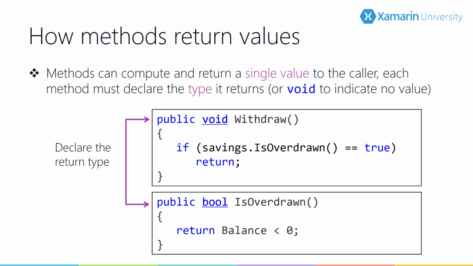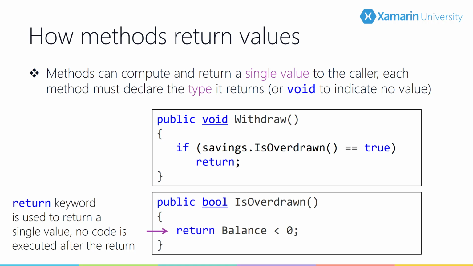So this means that when you call the isOverdrawn method, we have to return a bool back to the caller. The way that we send something back to the caller is we use the return keyword. In this case, I'm saying return balance less than 0. Well, balance less than 0 returns a true or false value because it's a comparison operator. So we are sending back either true or false when this method is called.